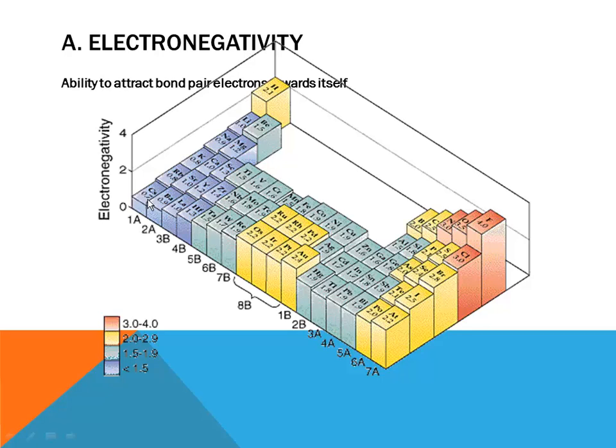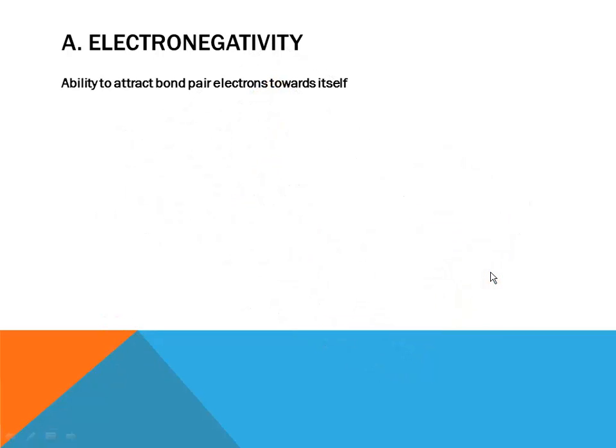And you can see the metals are very low in electronegativity because they give off electrons. They don't want electrons. They want to give them off. There are some discrepancies in the transition metals. They go a little higher and then dip back down and then back up. But in general, the highest is towards fluorine.